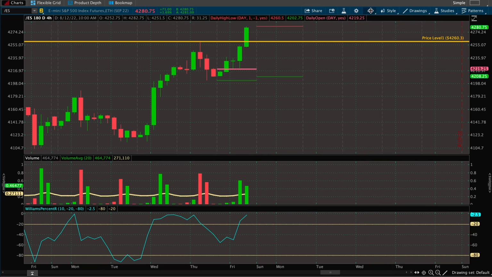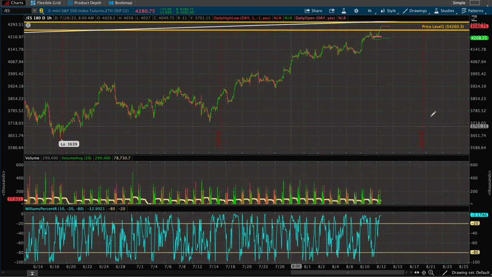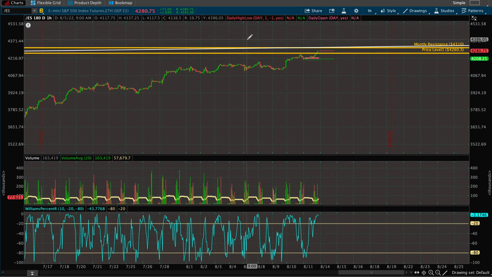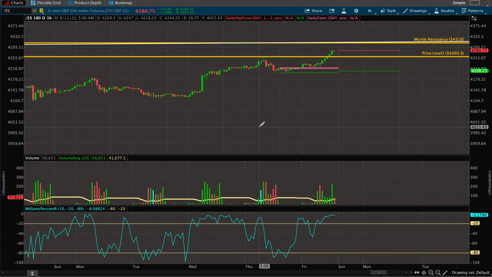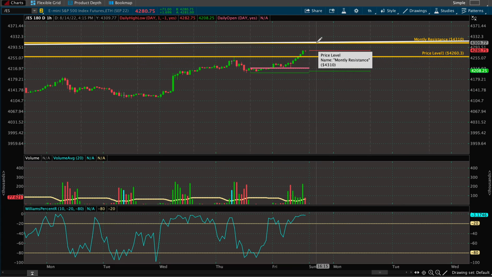Now if we go further into our 1 hourly and look at here, you can see it just broke out from that support area, and hopefully it retests that support. So if it retests the 4260 area, I'm going to take a long position targeting 4300.